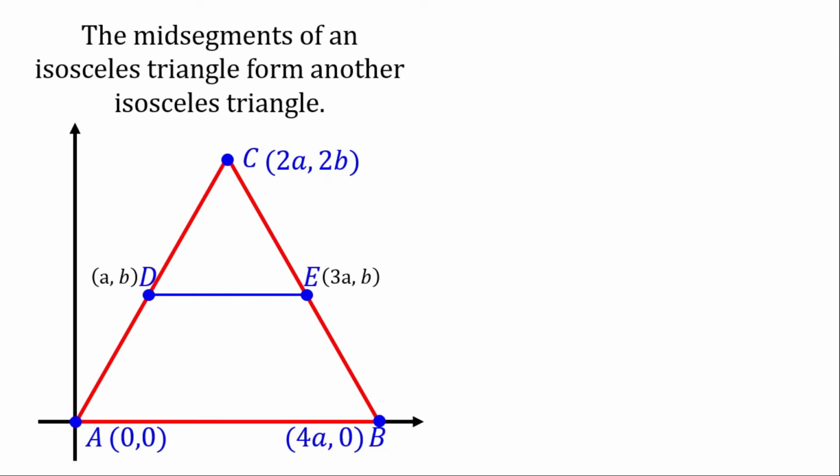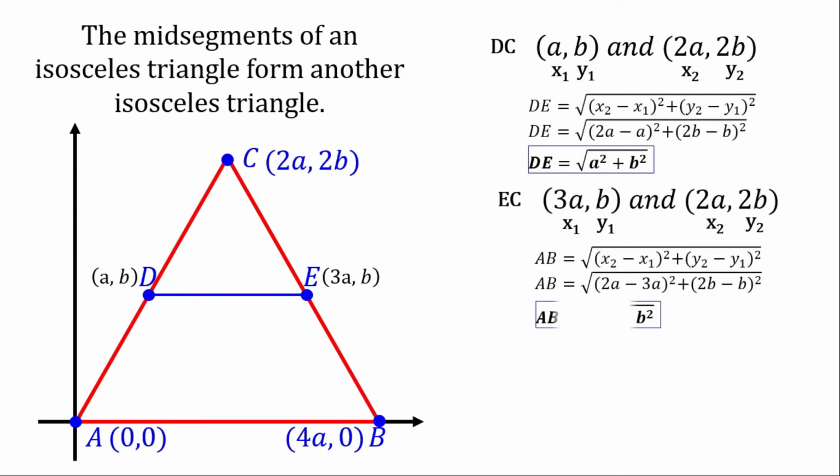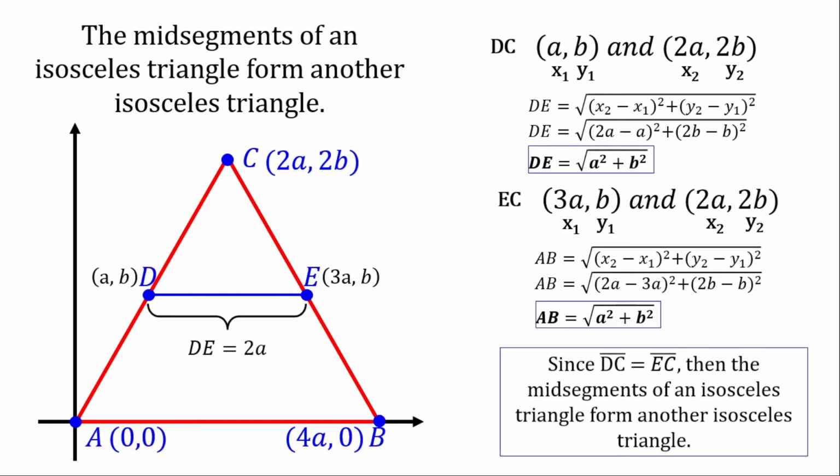Let's see if the triangle formed is another isosceles triangle. Since DC is equal to EC, then the midsegment of an isosceles triangle forms another isosceles triangle.